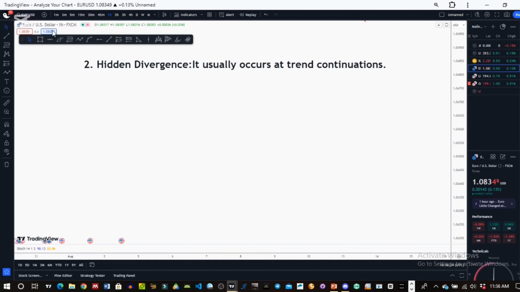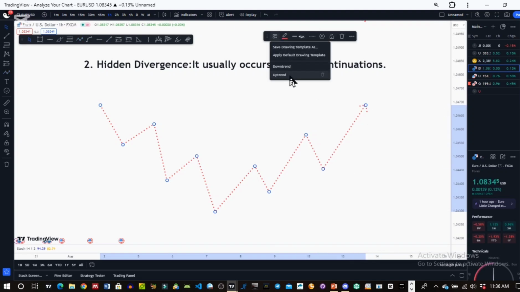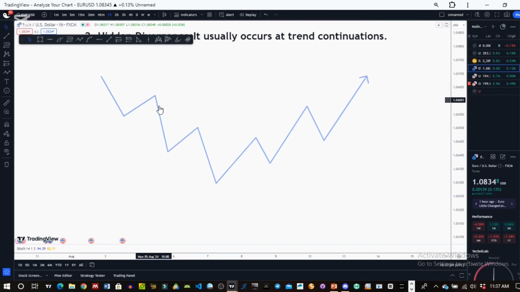All right. So for the hidden bullish divergence, using our example again, we're having a trend that came from downtrend and moved to the uptrend. All right.